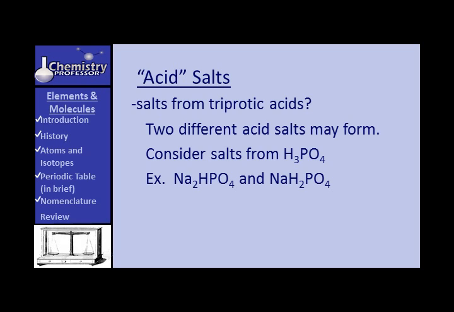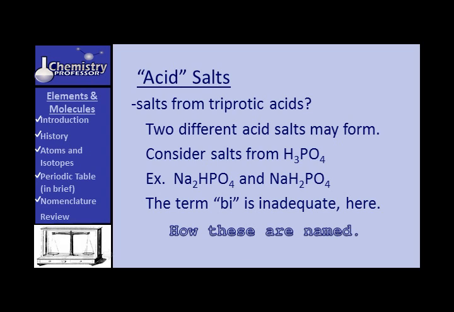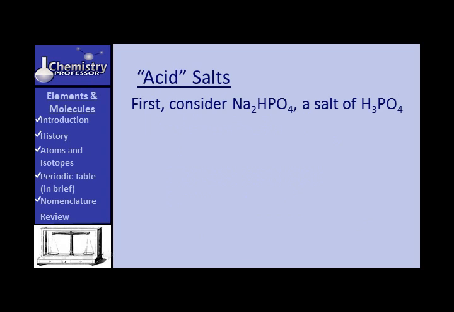The term bi cannot be used here. It's inadequate because it doesn't distinguish between the two, and you don't want to say bi and dibi. That gets too confusing. So let's see how they're named. Let's consider Na2HPO4. Remember, that's one of the salts from phosphoric acid. We can call it sodium monohydrogen phosphate.